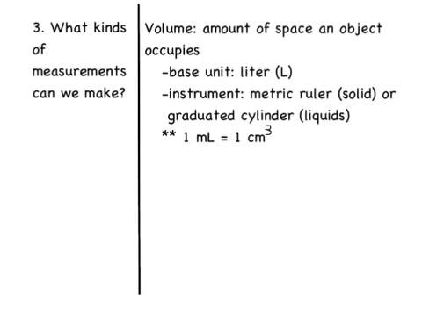So if we measure a cube of ice and it turns out to be 1 centimeter cube of ice and we let it melt and filled that up in a graduated cylinder, it would be equivalent to 1 milliliter of volume in the graduated cylinder. So it's kind of cool. It's kind of an easy conversion to make between milliliters and centimeters cubed. So that is our third measurement we can make, which is volume.